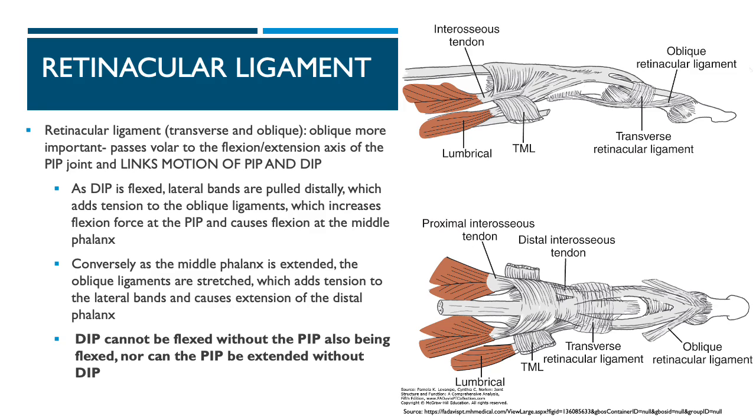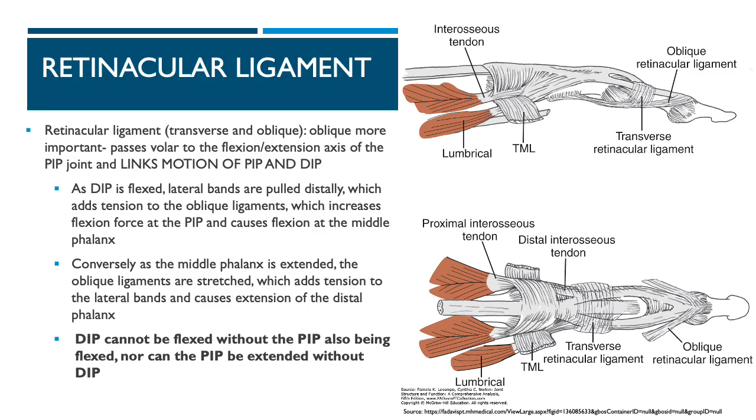So the PIP and the DIP are flexed together. The PIP can't be extended without the DIP because conversely, as the middle phalanx is extended, the oblique retinacular ligament gets stretched, which puts tension on the lateral bands, which causes extension of the distal phalanx.